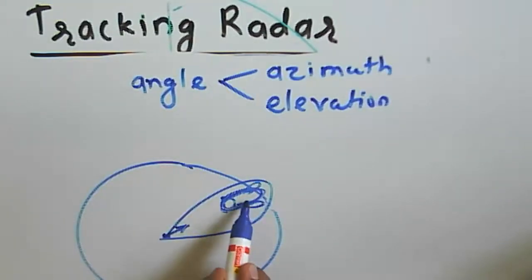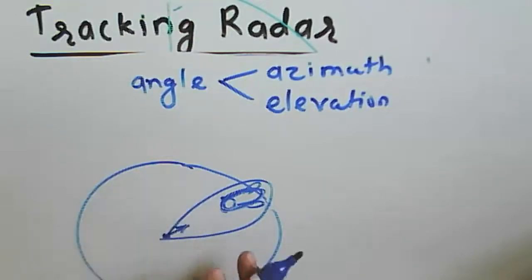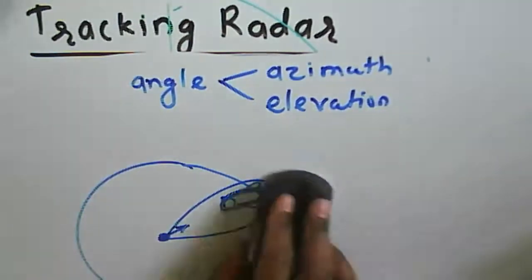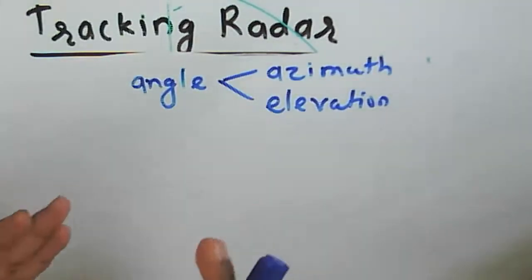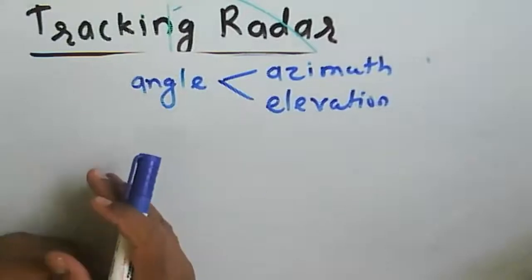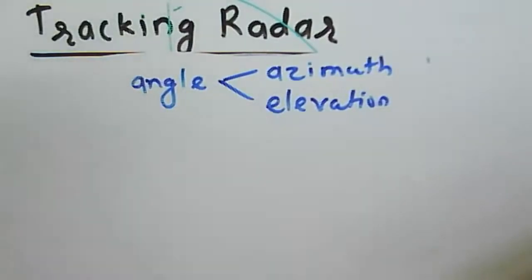If the target is moving within this particular region, then we can move this antenna. At the bottom of this antenna there are some motors, and those motors are used to rotate that antenna in a given direction. So we can find out the position of the target there. We need to know about the location.